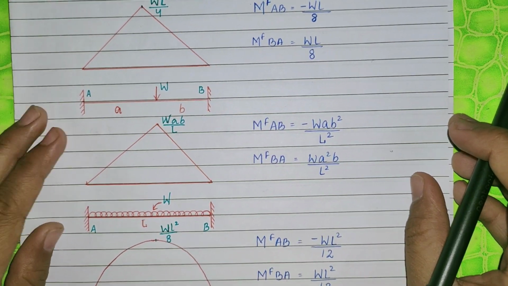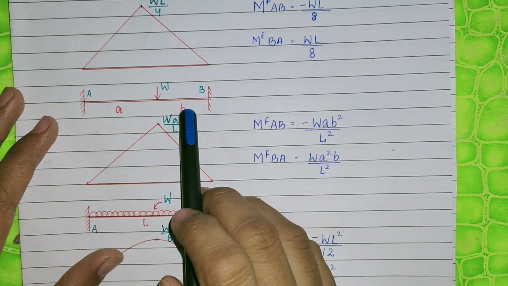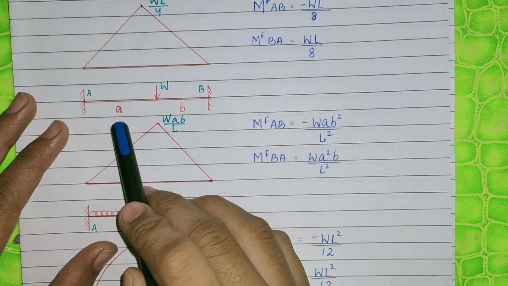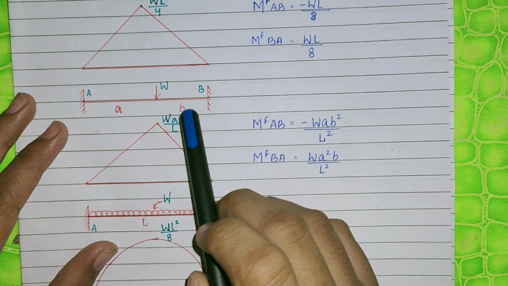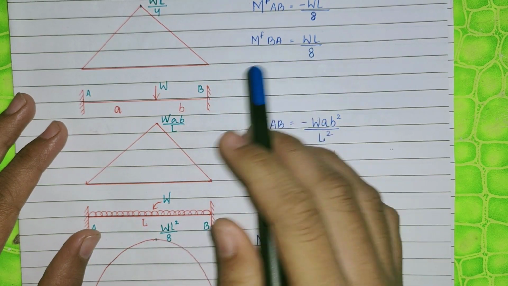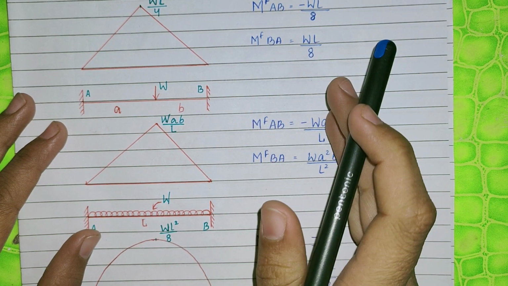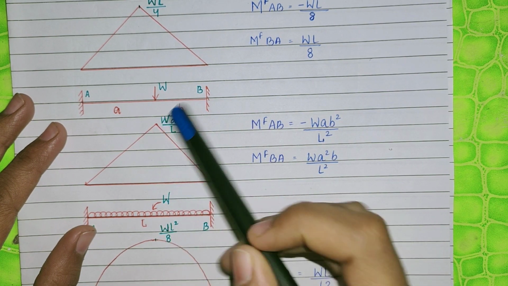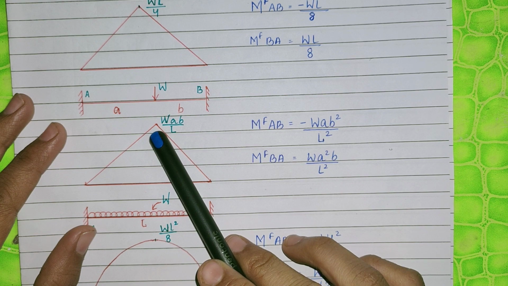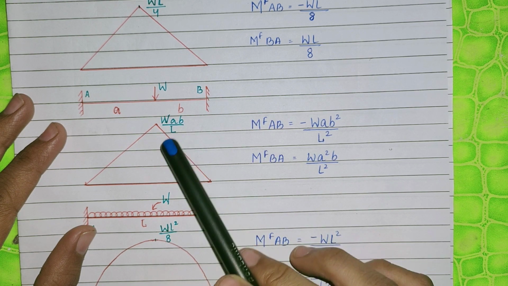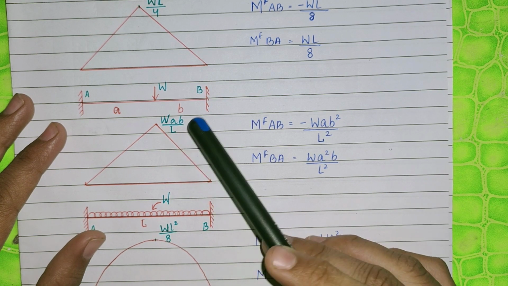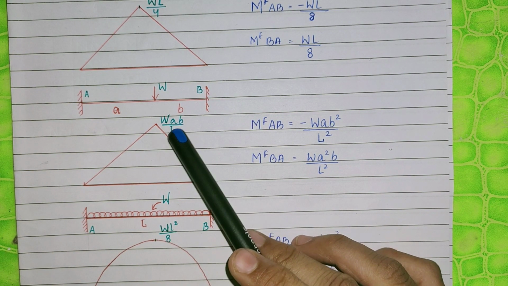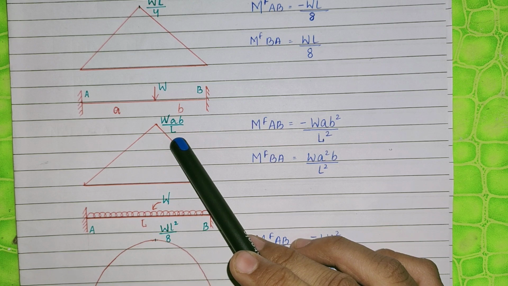Here the load is unsymmetrical, that means this distance is a and this distance is b. Both distances are not the same. Here the maximum bending moment is Wab/L.